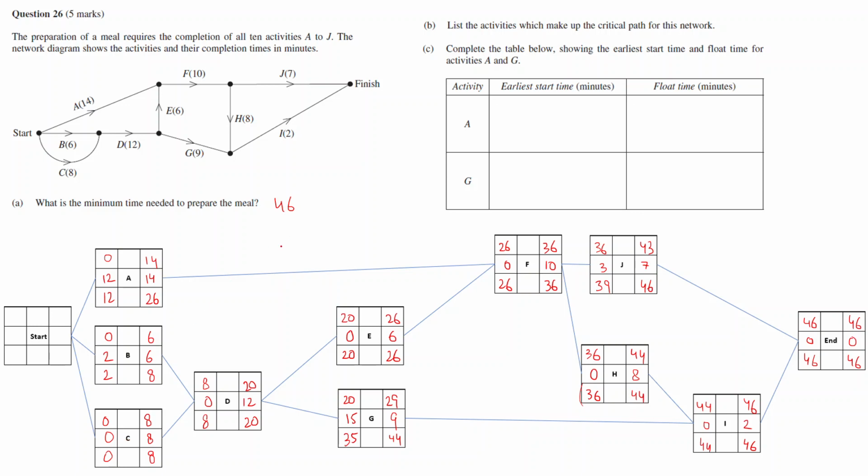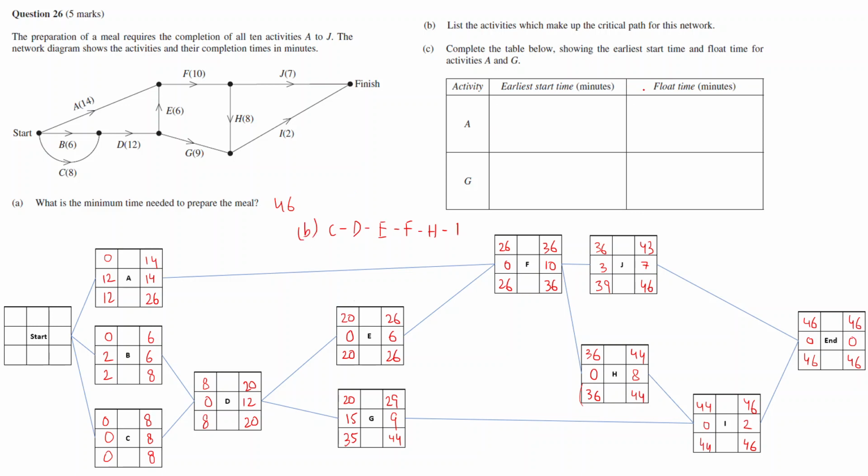In this case, there is C, then there is D, then there is E, G is not, F, and then H and I. So that would be the answer for part B.